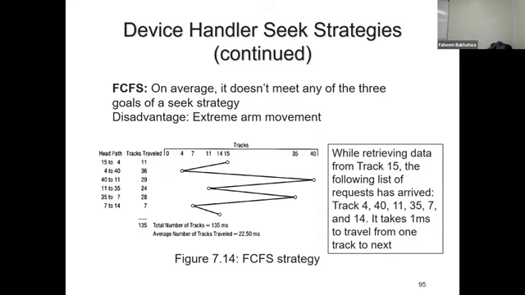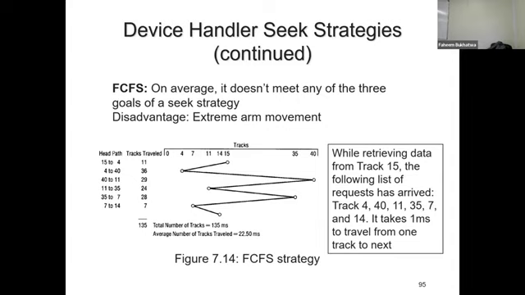Right, and then when we finished reading at number 40, we had to go to number 11. So that's 40 minus 11, 29 milliseconds. And then from 11, we went to 35. So 35 minus 11, 24.